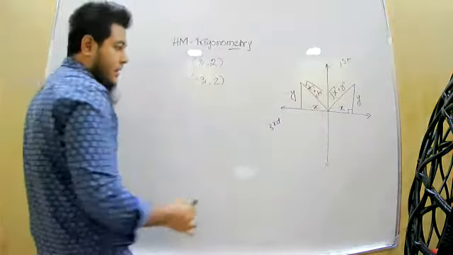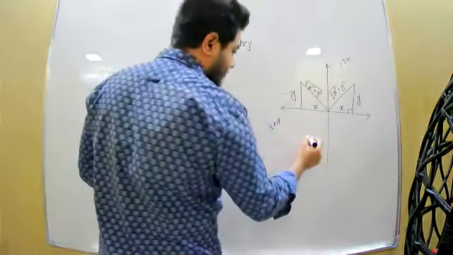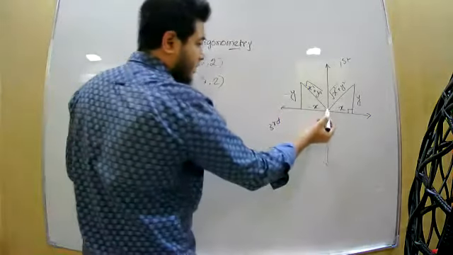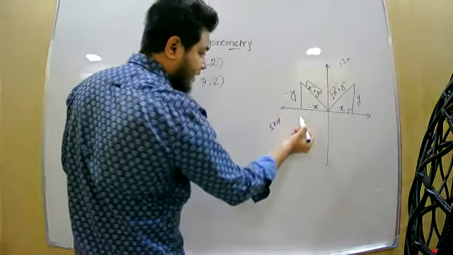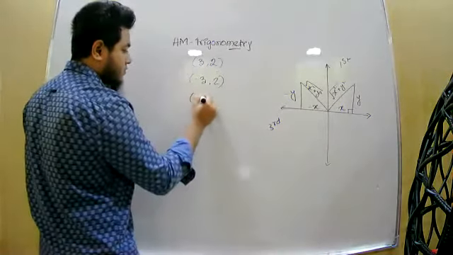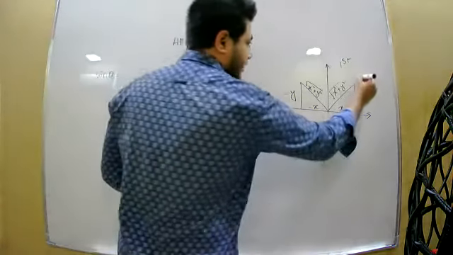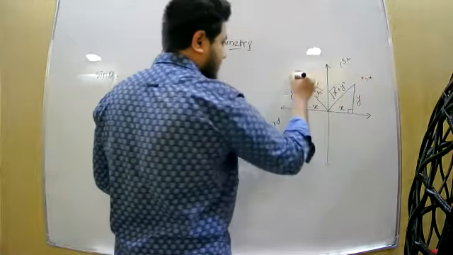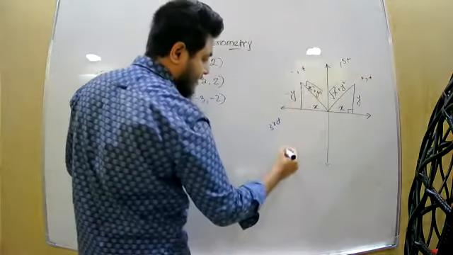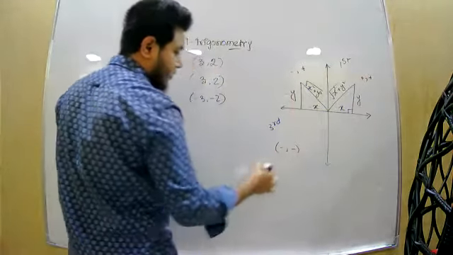Okay. Now, if we talk about the third quadrant, what will happen? You are coming in the negative x direction and negative y direction. So it will look like something like this, minus 3, minus 2. Okay, as I was saying, this is plus plus, this is minus plus, and this is minus minus, right?